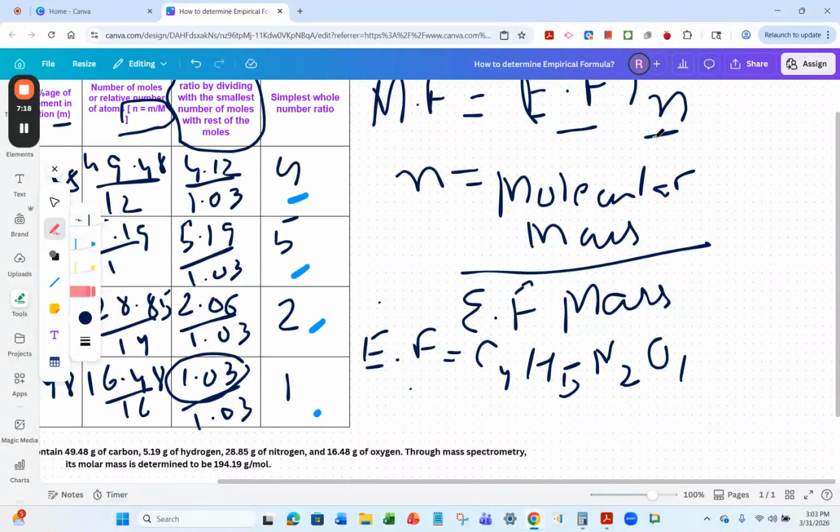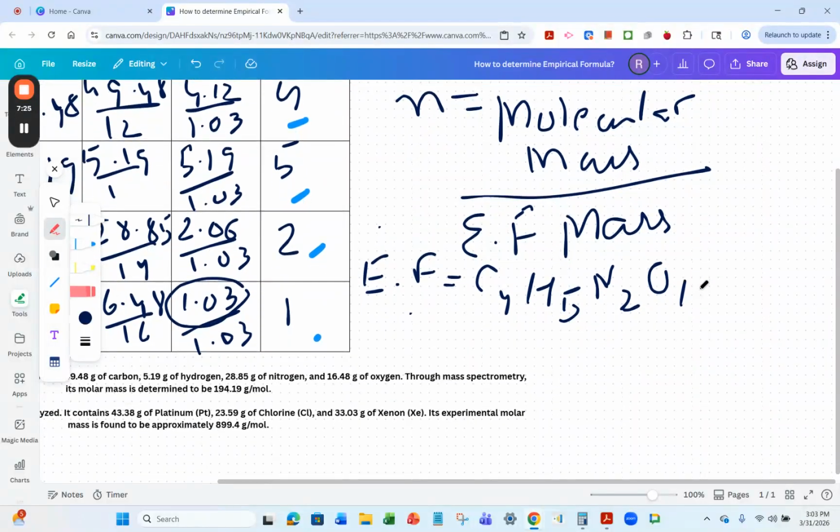But for that, I need N. For N, I need empirical formula mass. So it means we need to do the calculation here to find the empirical formula mass. There we go. So we have 4. Same thing like you do calculations for your molecular mass. Hydrogen 1.